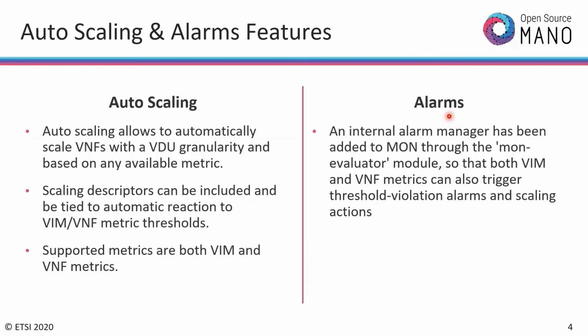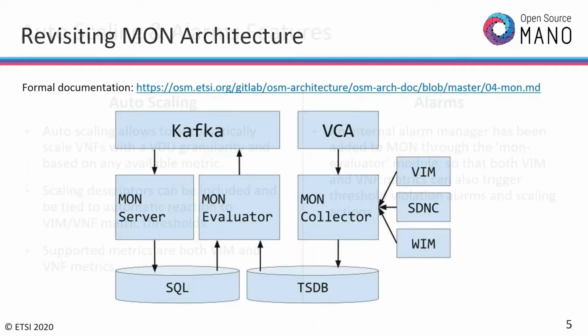If on a certain condition I also have to alert an external entity through a webhook, then an alarm will be triggered. So I can separately configure an alarm in the VNF descriptor as well.